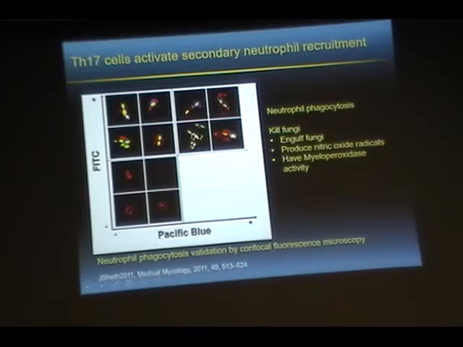So here the fungi are labeled green and the neutrophils are labeled red. So once there's a lysis of this fungi, it becomes yellow. Red and green under the confocal microscope appear yellow, and this is what you see. And these are the secondary neutrophils that were recruited by Th17 cells, reported in this particular study.